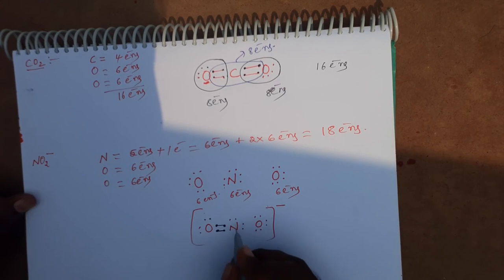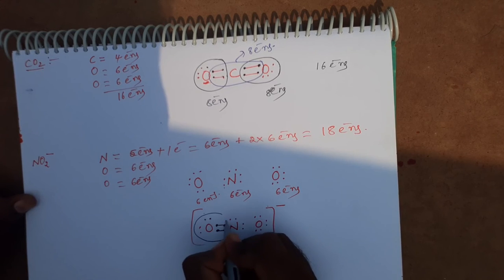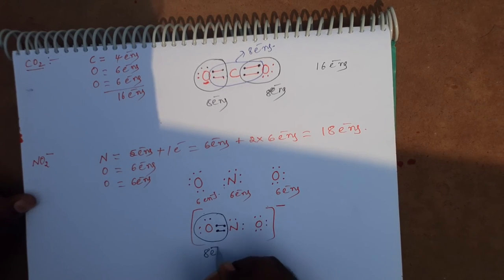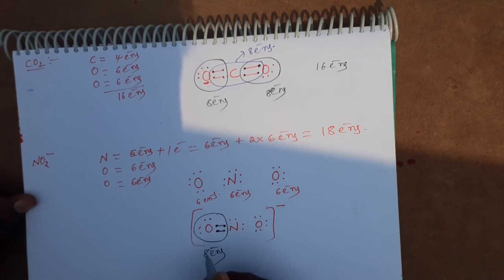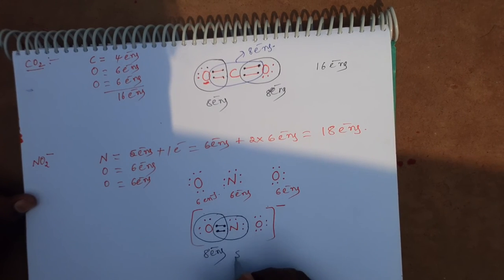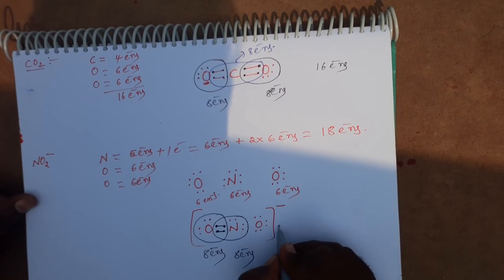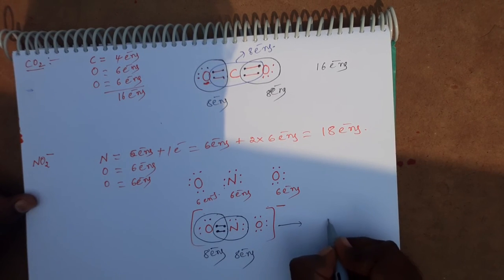In this structure we can observe this oxygen contains how many electrons? 8 electrons. And this nitrogen also contains 8 electrons. After this structure, it can be modified.